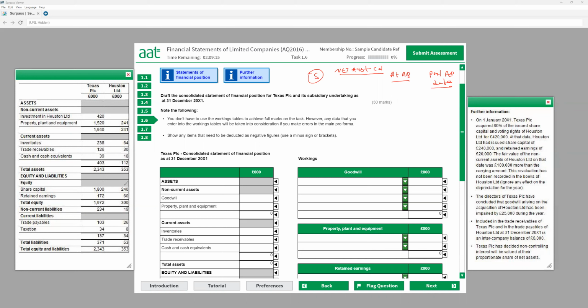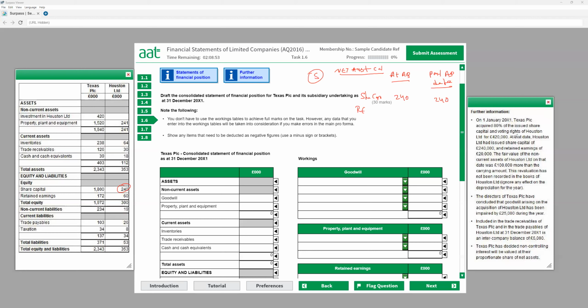First, we take the share capital, 240 and 240. And then we have retained earnings.